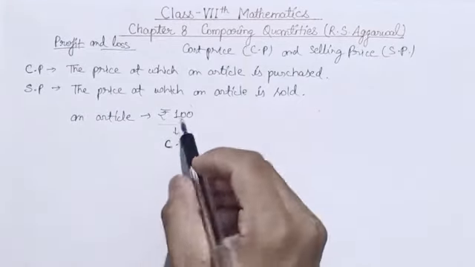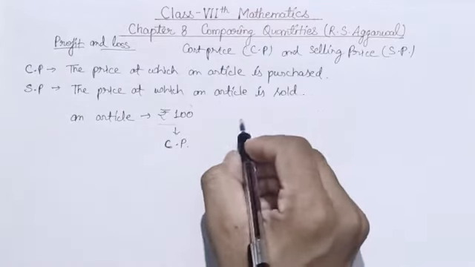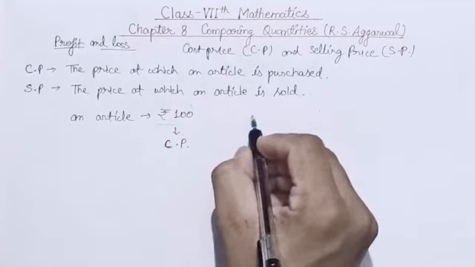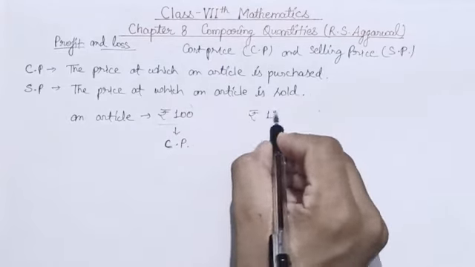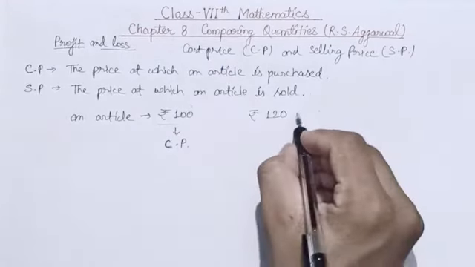And again, you sell this article to your friend at rupees 120. So it is obvious that this is the selling price of this article. So we can say this is the SP.